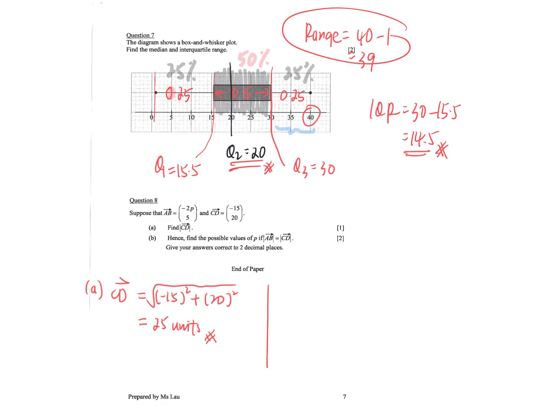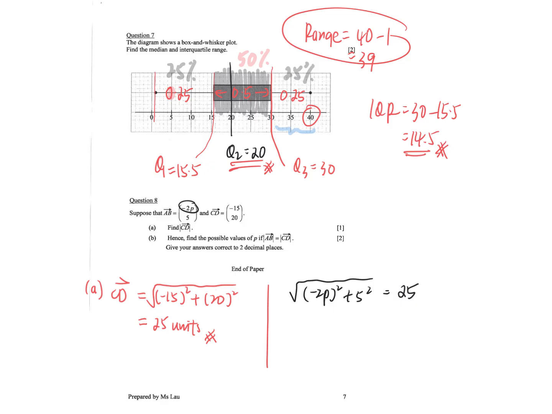Then part B says that if the length of AB and CD is the same, I find my length of AB, and it is equal to the length of CD. Then they ask for your answer in 2 decimal places.